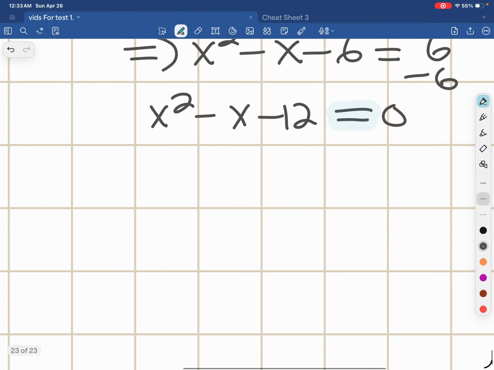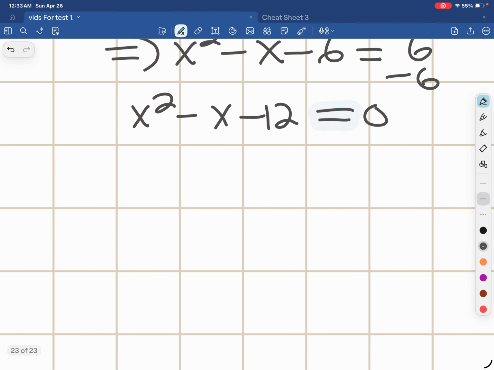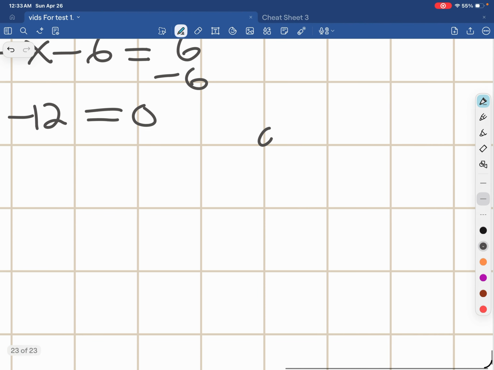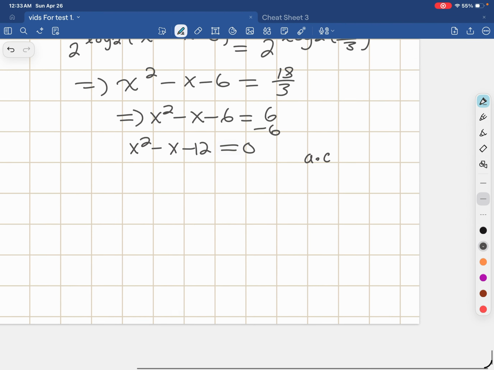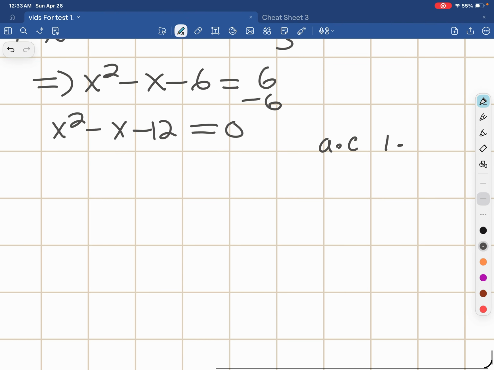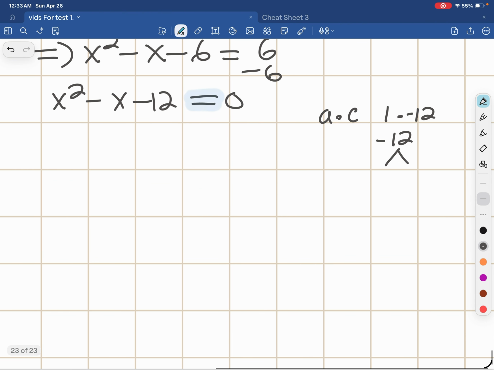We'll do a times c, which is going to be 1 times negative 12, and that will give us negative 12. And we'll split that off to 3 and 4, because 3 times 4 is 12, and it has to equal 1.